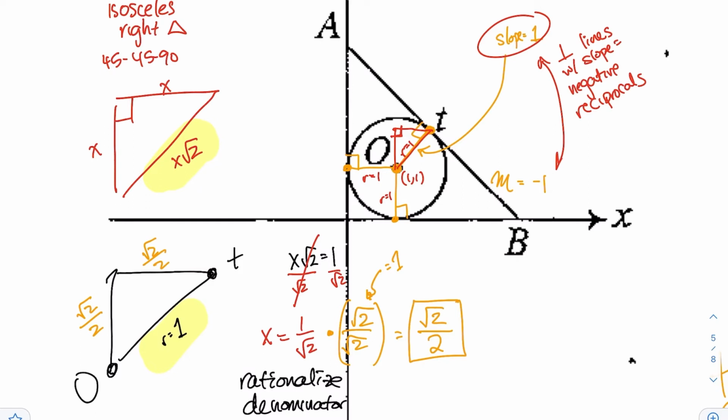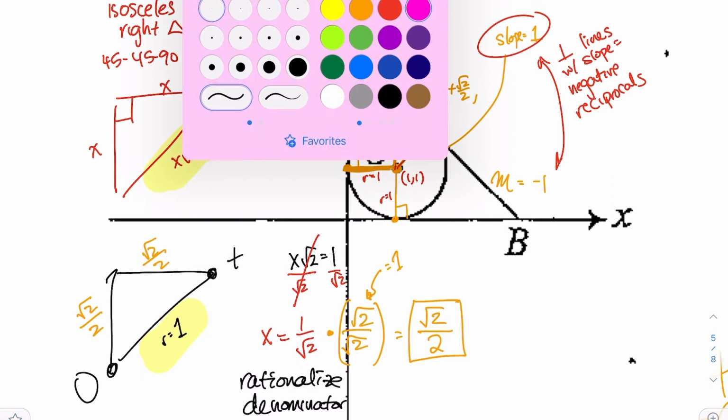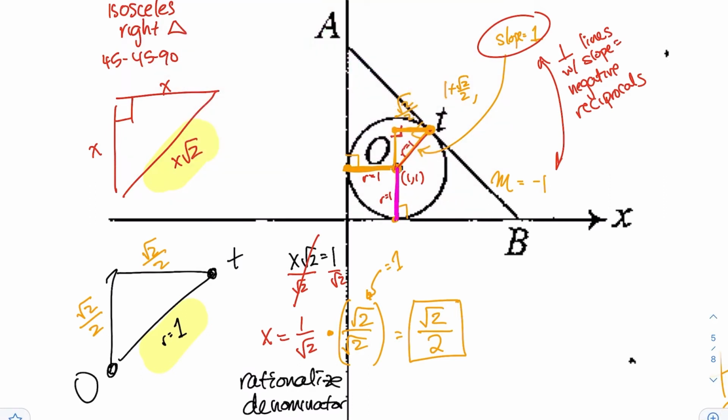So here, this will be the distance between the corner to point T. And the same from the corner to the center. So that means that the coordinates of point T will be this 1 plus this root 2 over 2, comma, the y coordinate will be this 1 plus this root 2 over 2.